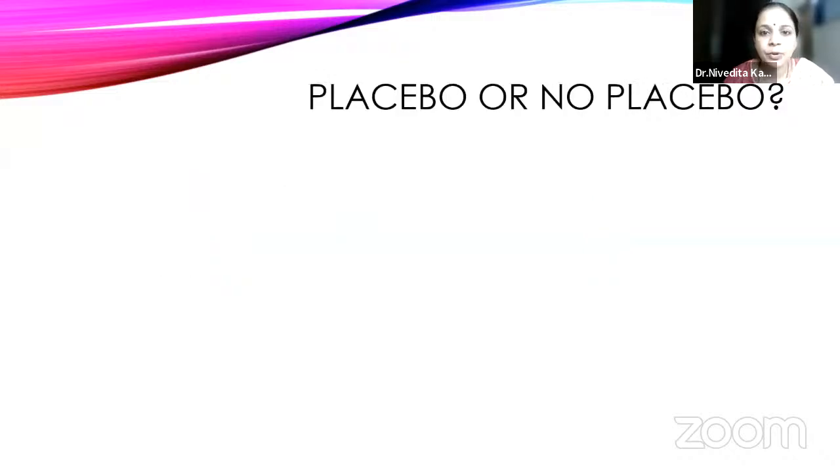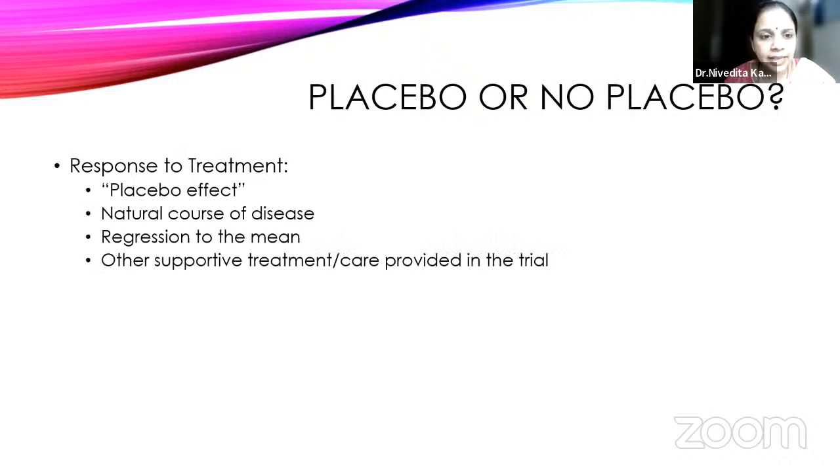As you mentioned, placebo is an inert substance which looks, feels, tastes, smells like the drug, and it helps to maintain blinding for both the participant and the investigator. But also we have to understand that the response is not just by the mechanism of action of the drug. There is also a placebo effect. It's a psychological feeling of well-being that the patient is taken care of.